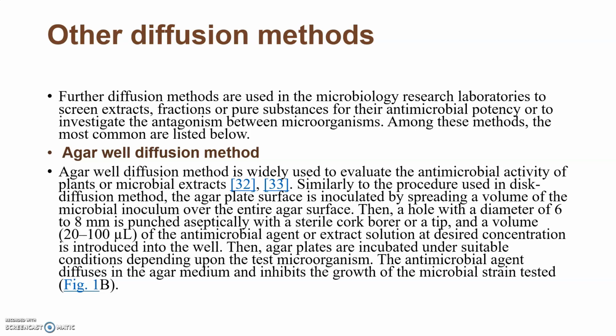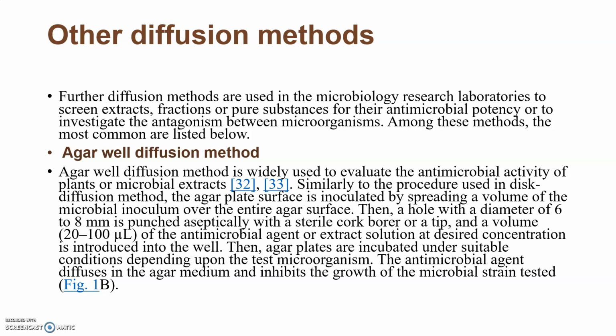Then a hole with a diameter of 6 to 8 millimeters is punched aseptically into the agar using a sterile cork borer or a tip, and a volume between 20 and 100 microliters of the antimicrobial agent or plant extract solution at a desired concentration is introduced into the well.